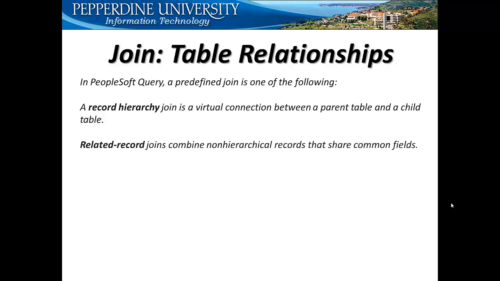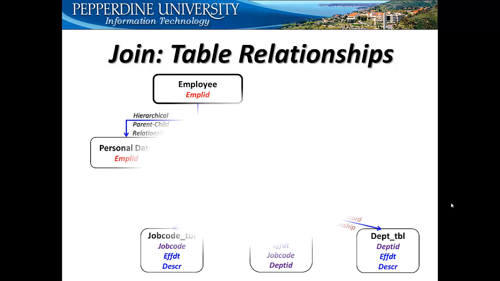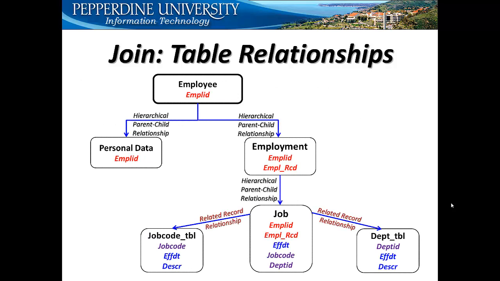And a record-related join combines non-hierarchical records that share common fields and is determined by something called a prompt table relationship. So whenever using these two record types, you perform a join that are linked based on a common or key fields. The following diagram shows the technical relationships between the tables of data based on their key structure.